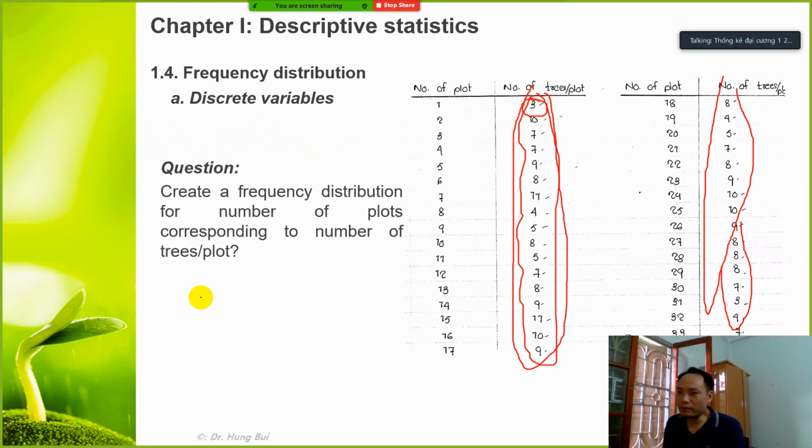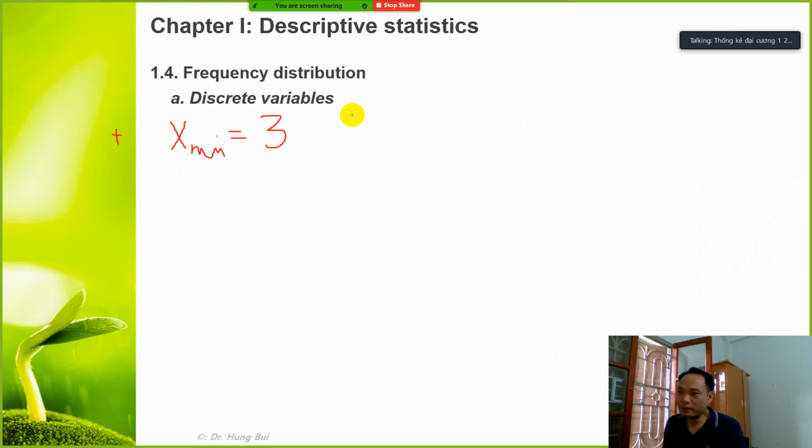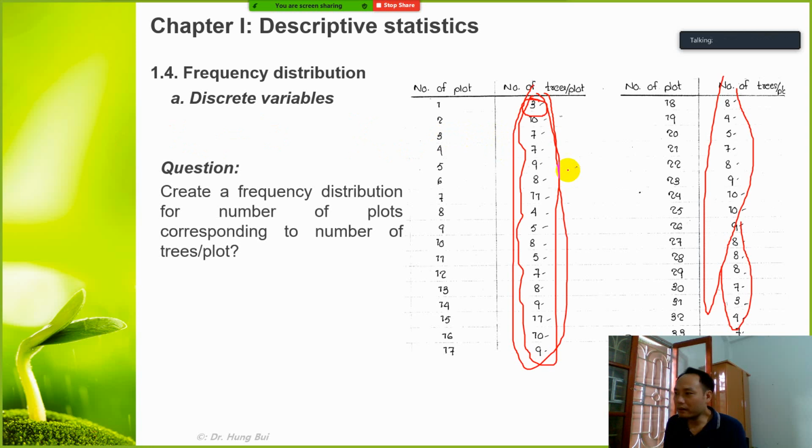So what is the maximum, guys? The biggest number. Not 17, it is 11, I think. Check it. Here's 11. Here's not 17, guys. Correct it.